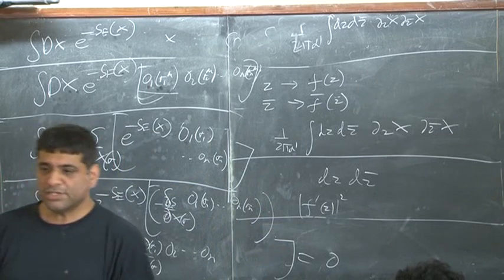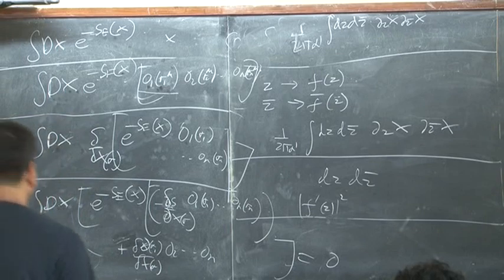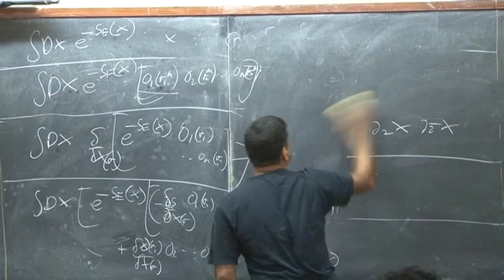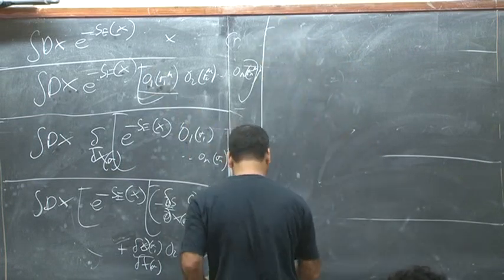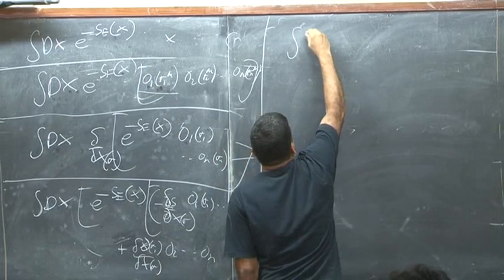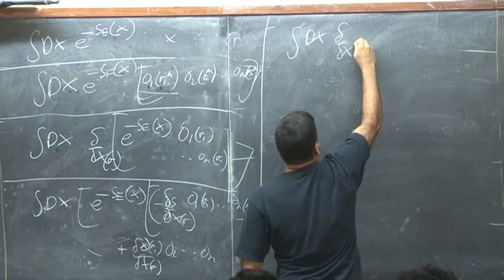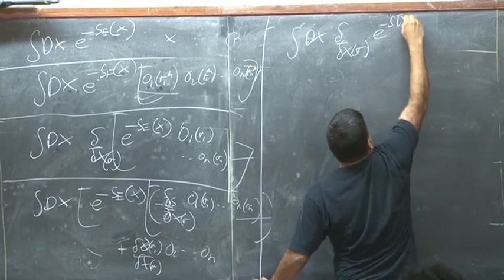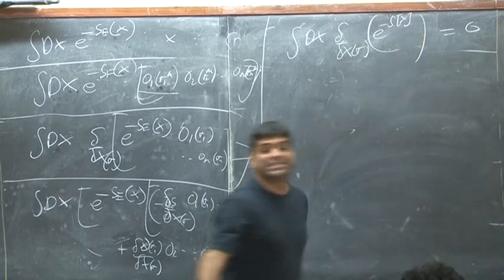Now this looks very abstract, so let's apply it to a specific example. Let us start with our action and apply it to the example: the integral dz dx, delta by delta x of sigma on e to the power minus S of x is equal to 0, having no insertions.